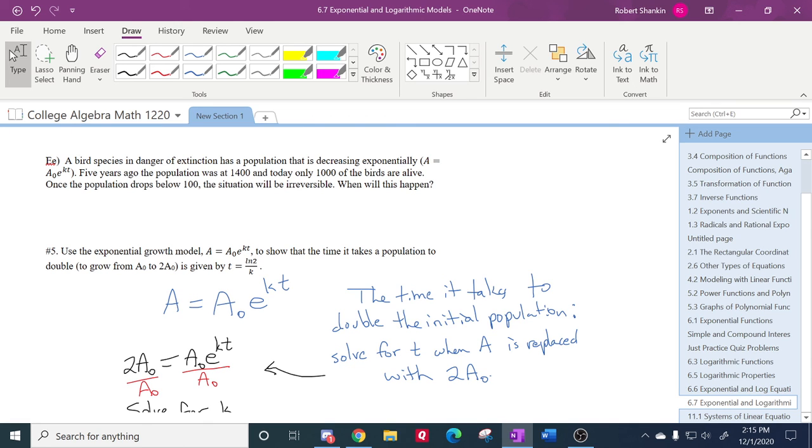It'll show up on the final exam, but it won't show up on exam 3. And since we got to it a little late, I'm going to extend the deadline so that 6.7 will be turned in later. I'll have that due by the time of the final exam on December 10th.